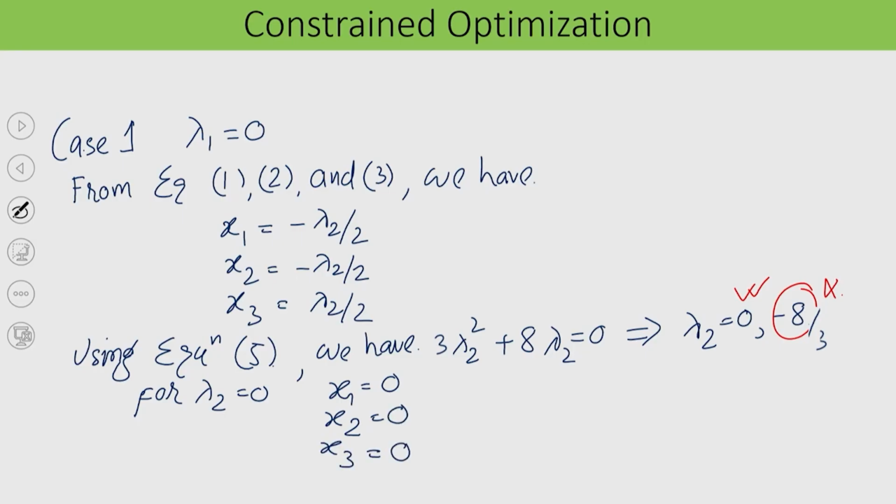Okay. So, now this solution, that means x 1 equal to 0, x 2 equal to 0 and x 3 equal to 0, is satisfying all these Kuntakar conditions. So, this is one of the solutions.